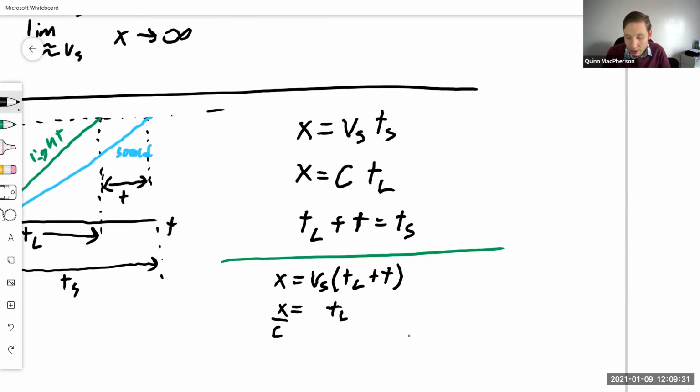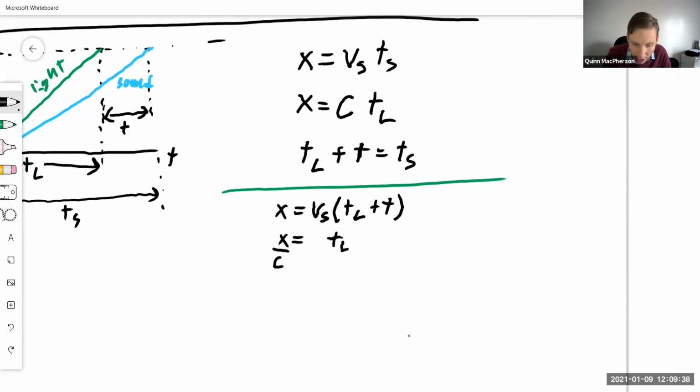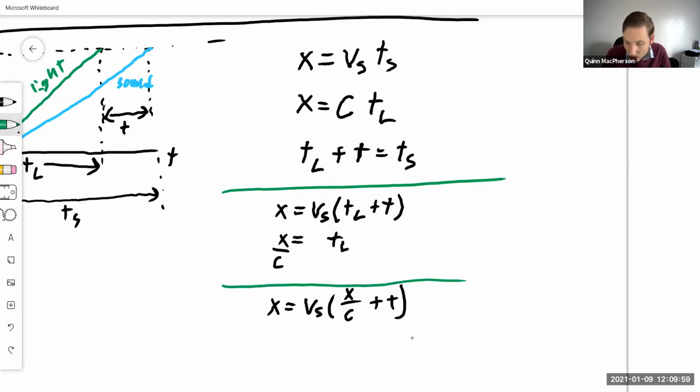I get tl is equal to x over c. I'm going to plug that into the previous equation, and I'm going to get x is equal to vs, tl is replaced by x over c, plus t. Okay, so now I'm down to one equation and one unknown.